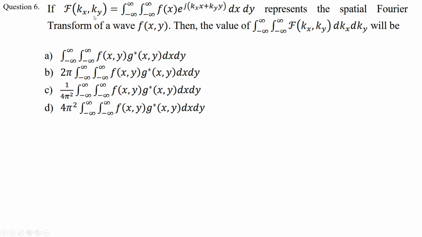If the Fourier transform of f of kx ky is given by that formula, which represents the spatial Fourier transform of a wave in x and y, then the value of this integral will be one of these four options. If you look carefully, this is like the half part of what the inverse Fourier transform will look like. Only the element which should have been there is 1 by 2 pi square.